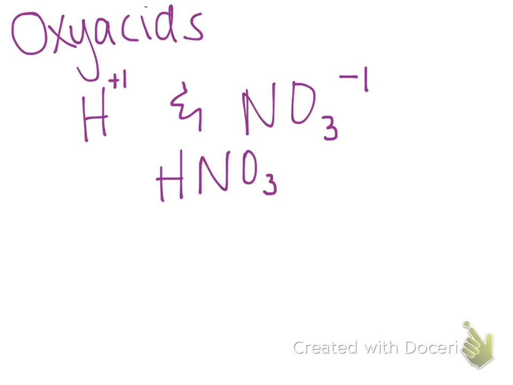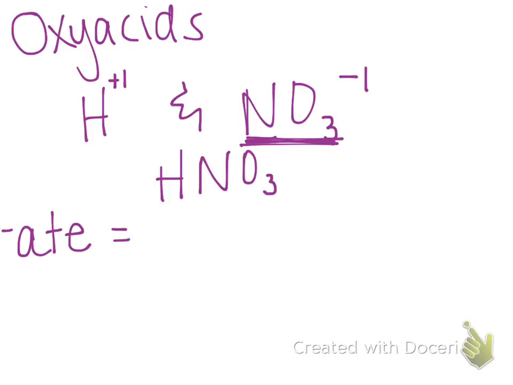HNO3. All right, so when we name our oxyacids, we have to, again, look at what type of anion it came from, okay? And what's the name of this anion? Nitrate. So when it comes from an ate anion, it's got a certain name that goes with the acid.